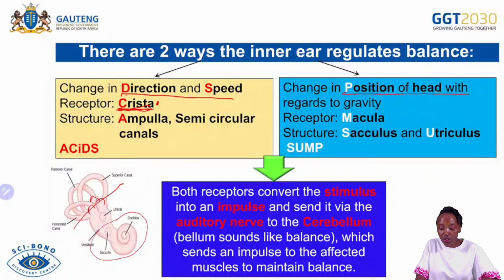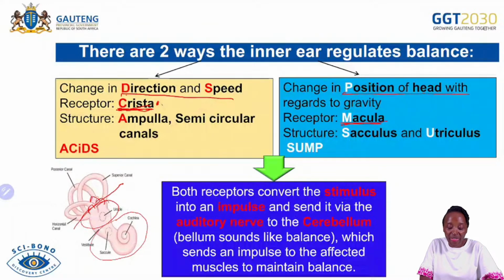And then with the position of the head in relation to gravity, the receptors responsible for that are the macula, found in this part of the inner ear, which is called the sacculus and the utriculus. Any changes in these will stimulate the fluids, and the movement in the fluid will stimulate the receptors.